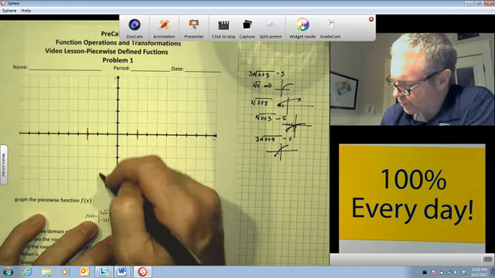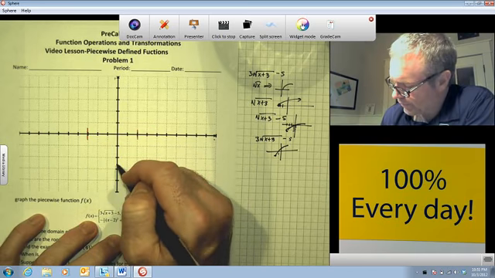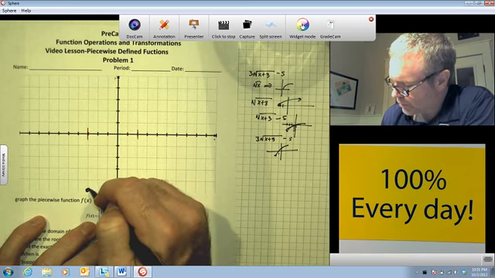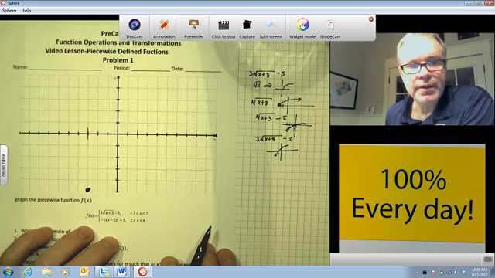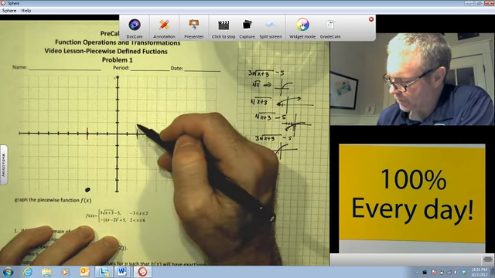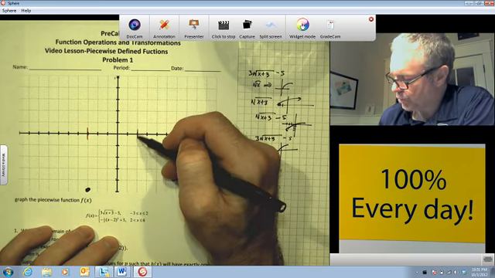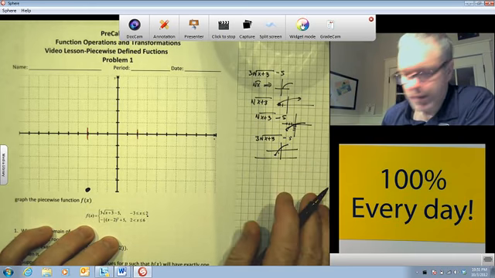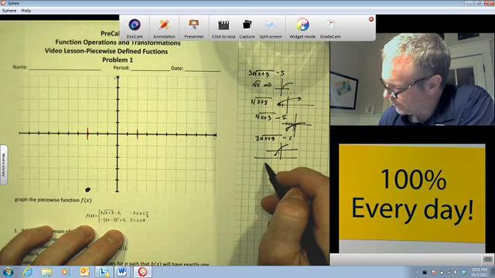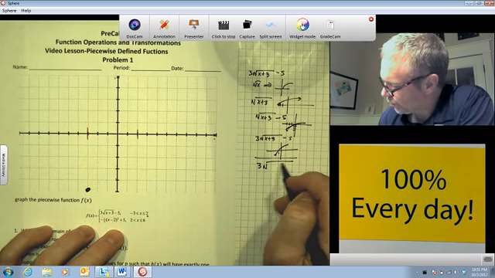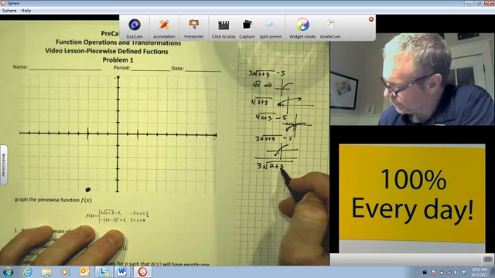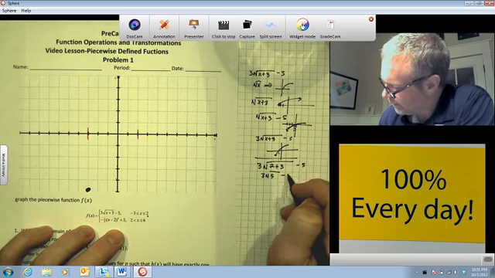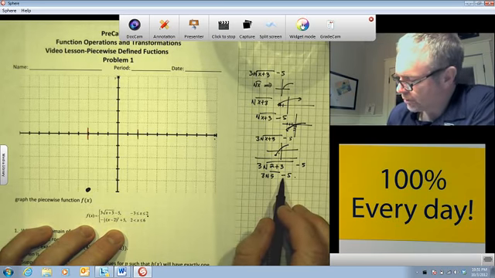That endpoint, or that reference point, will be at -3 and -5. So we have a closed dot right there. And that's going to go somewhere up to here. That endpoint will be at 2, that one right there. So let's go ahead and plug that into the function. 3 root 2 plus 3, minus 5 becomes 3 root 5 minus 5.